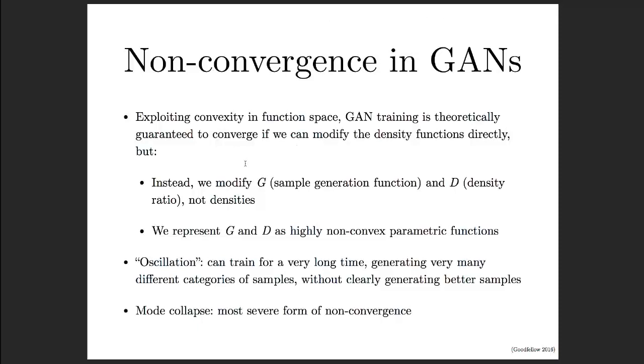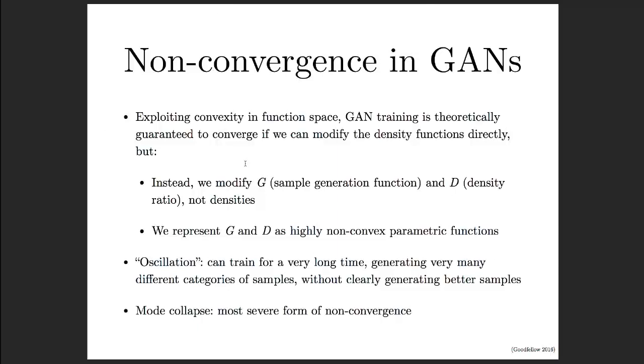The reason that this breaks down is that we don't actually update the densities directly. We update the G and D functions that do the sampling and the ratio estimation. And then on top of that, we represent G and D using parametric functions, deep neural networks, where the actual output values of G and D are very non-convex functions of the parameters. And so that causes us to lose all of our guarantees for convergence.